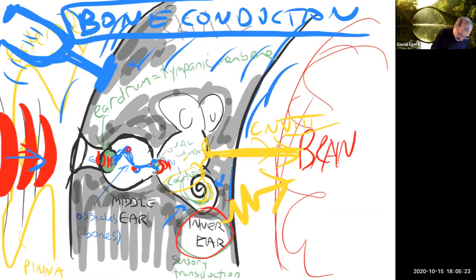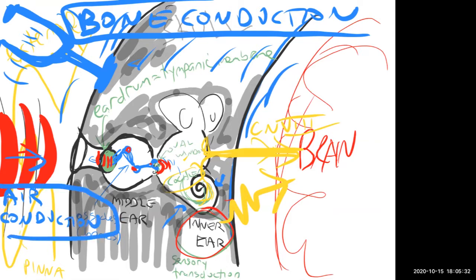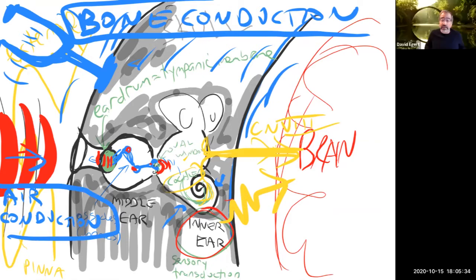Versus over here, I have air conduction. So that is going to be important when we are looking at these tests to assess hearing loss, understanding that there are two different ways that you can stimulate this.